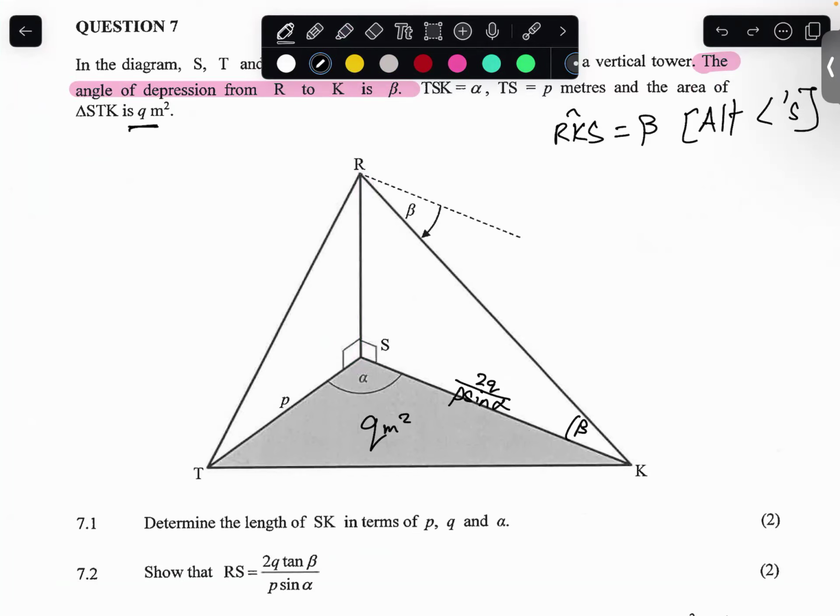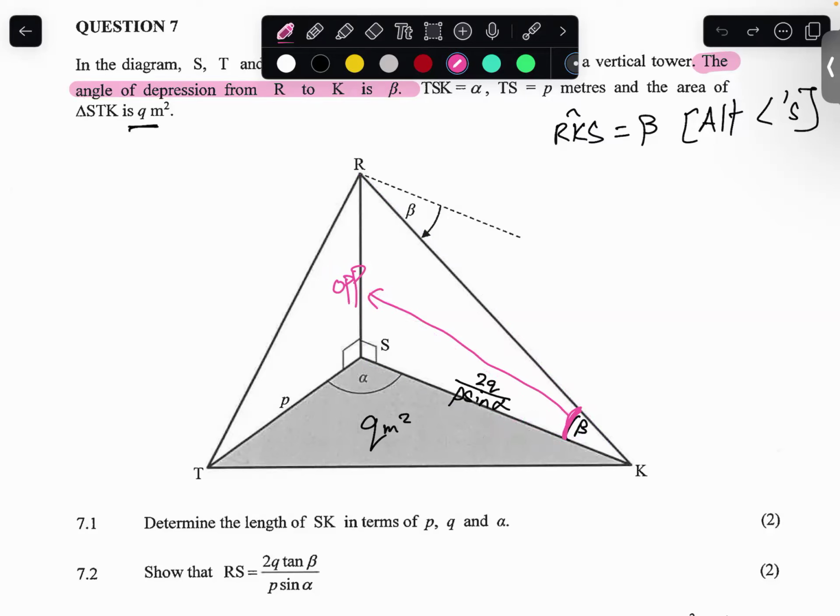So RS, in terms of this angle beta, RS is opposite, right? And we're working in a right angle triangle, so we can use trig ratios. So RS is opposite and the side that we have is adjacent. So what you want is opposite, what you have is adjacent, and the function involving what you want and what you have is tan.